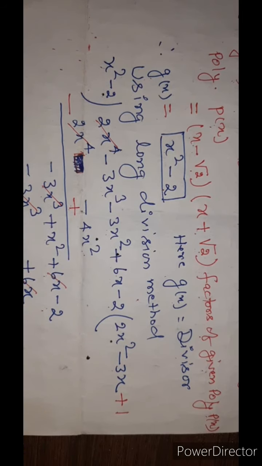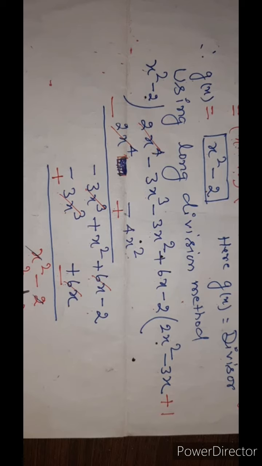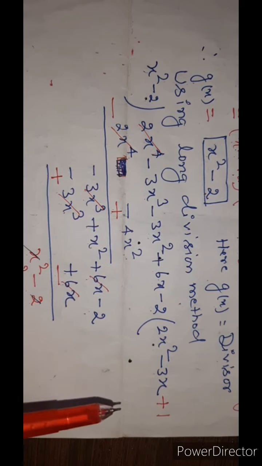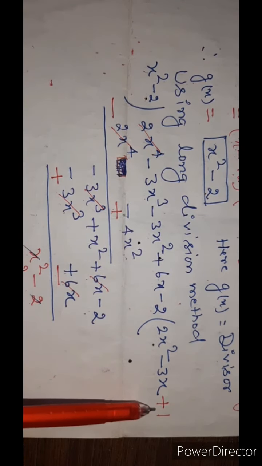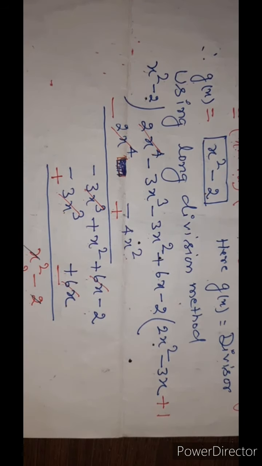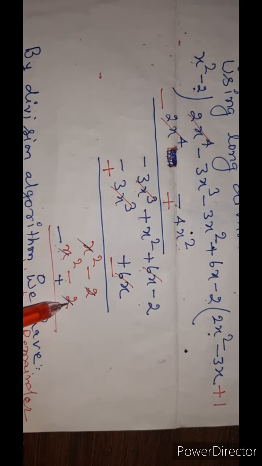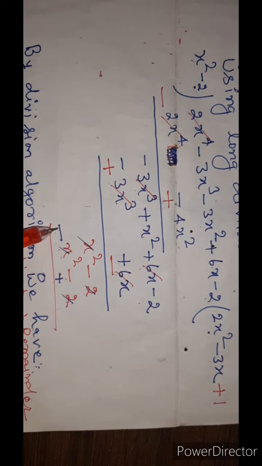These two will be cancelled, as well as these two also will be cancelled. Again bring these two numbers here, x square minus 2. Multiply again by plus 1 in these two numbers, we will get as a result x square minus 2. Again change the sign here, minus plus. These two will be cancelled.